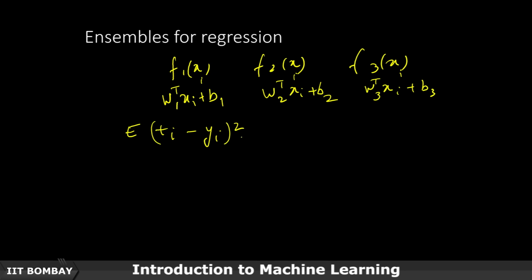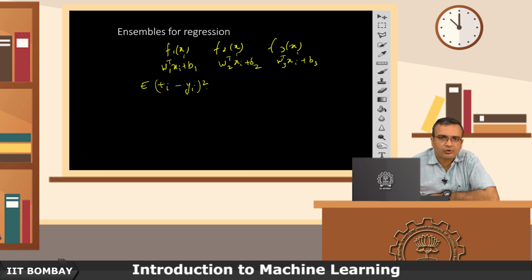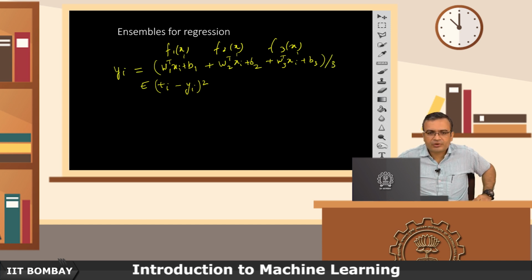We would like this expected value to be low, lower. And what we are saying is that your yi is going to be an average of the three different regressors.